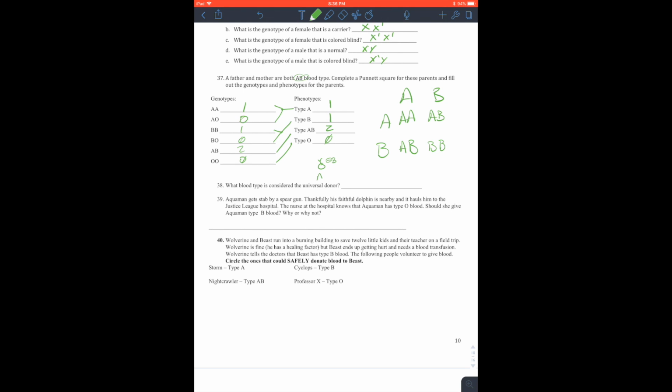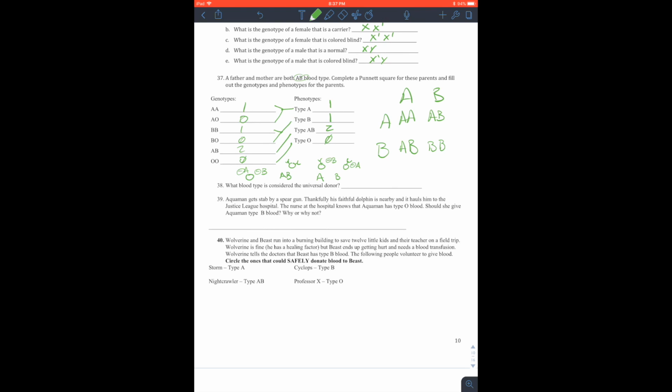Type B blood has a second shape on it, and it contains anti-A. AB blood has both shapes on it and contains 0 antibodies. Type O has no shapes on it. However, it contains anti-A and anti-B.